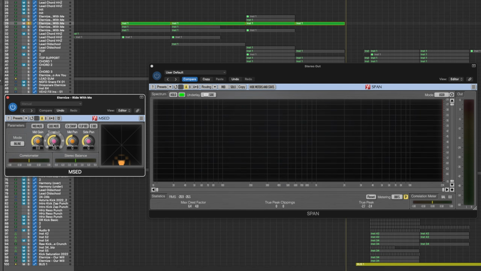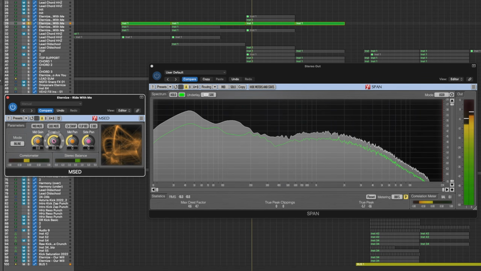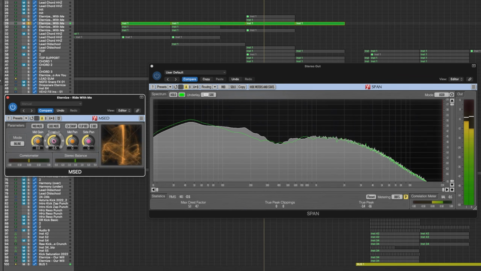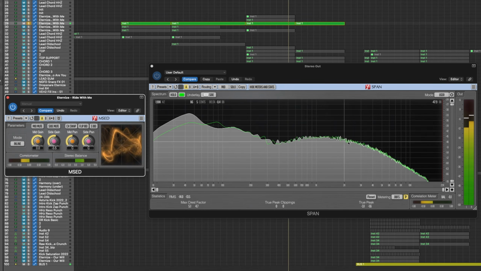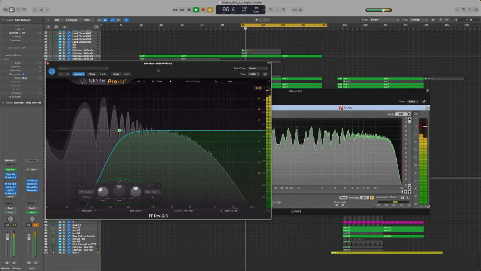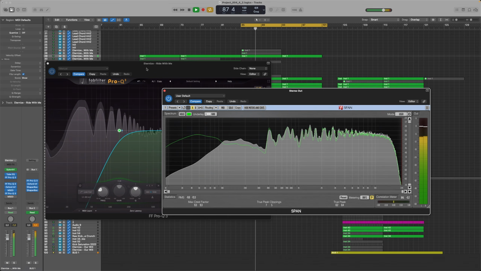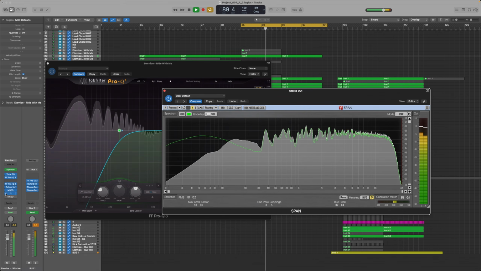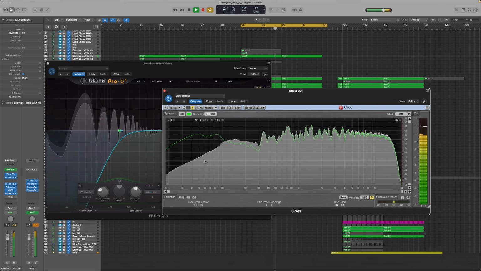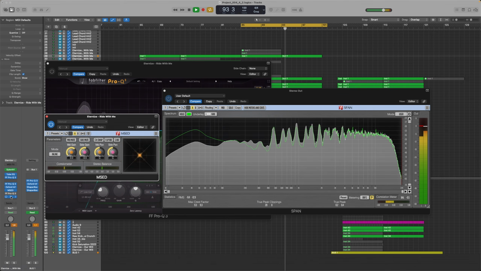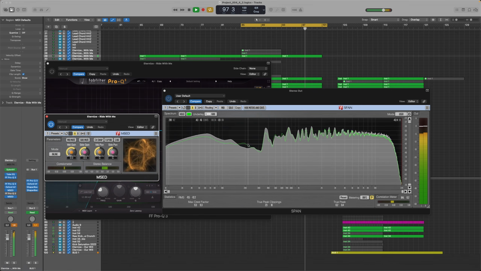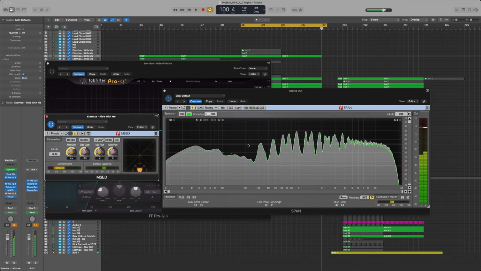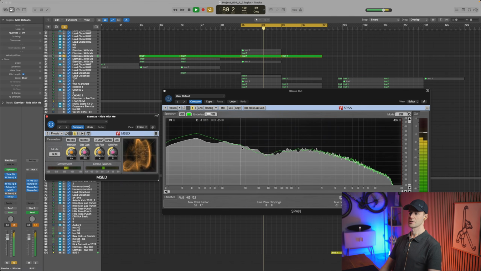Let's see what that does in comparison. As you can see in the spectrum, the mid and side energy is now beautifully aligned.